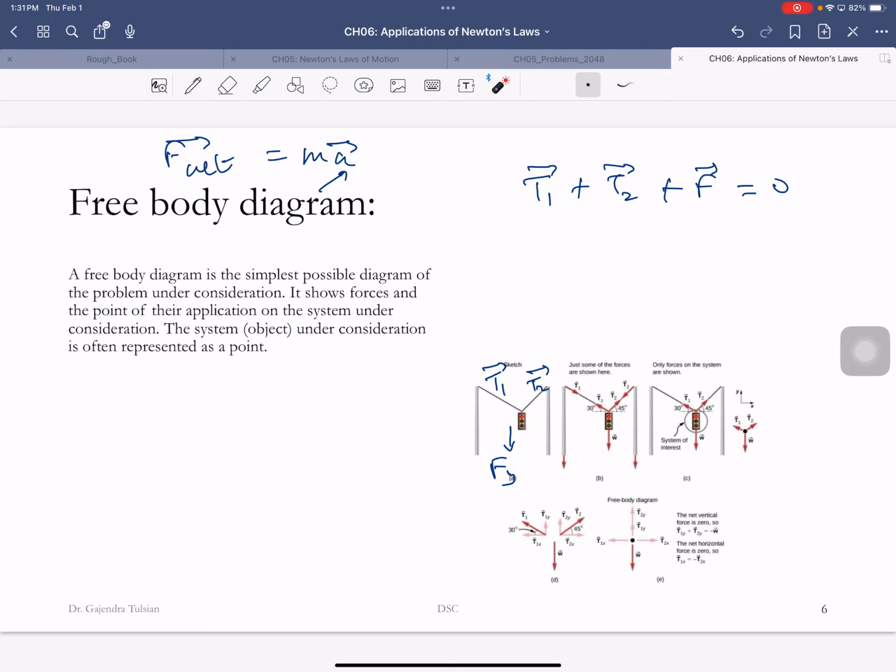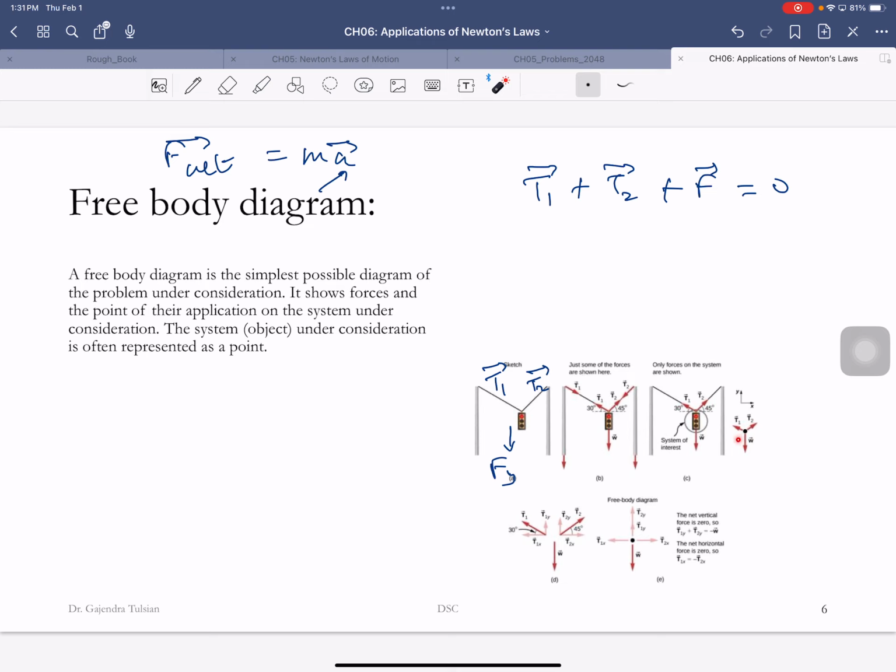Now, what is a free body diagram? What we're interested in is the motion of this guy, the motion being that you want it to be at rest. So a free body diagram just draws the essential things. Here is a free body diagram of this situation. This object is represented as a point.